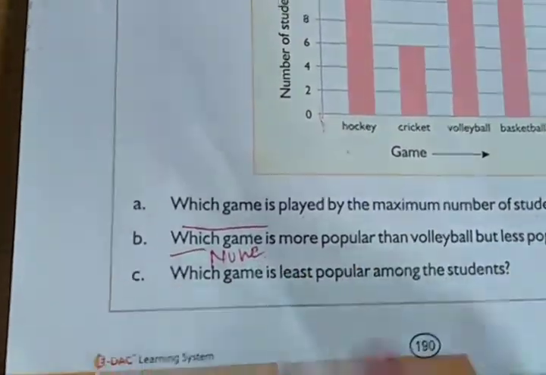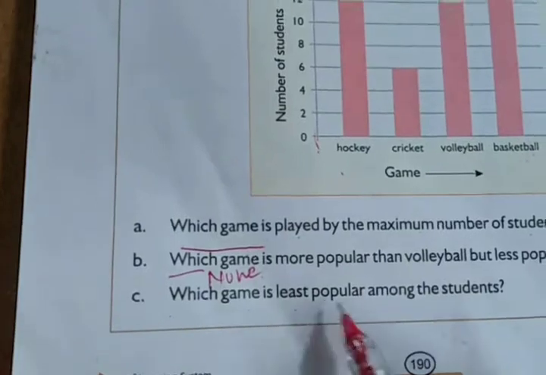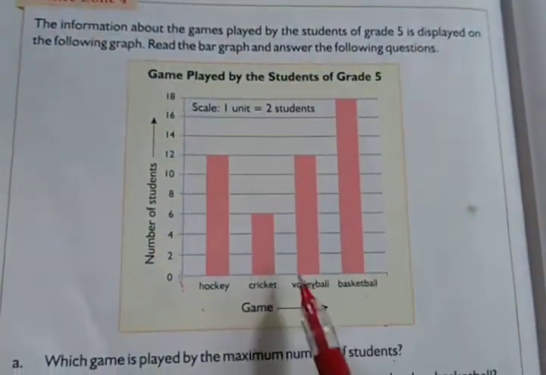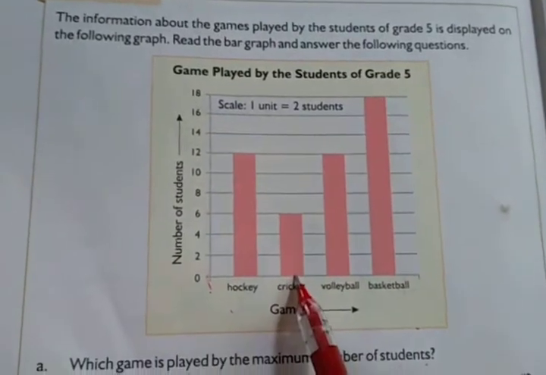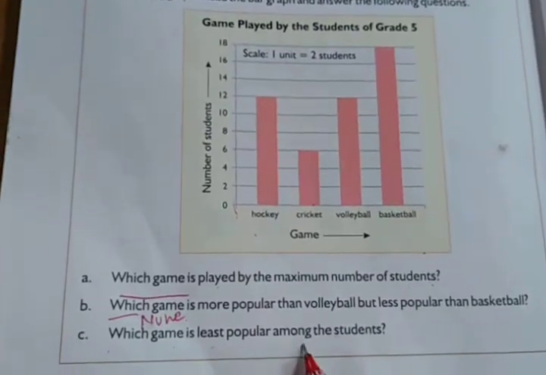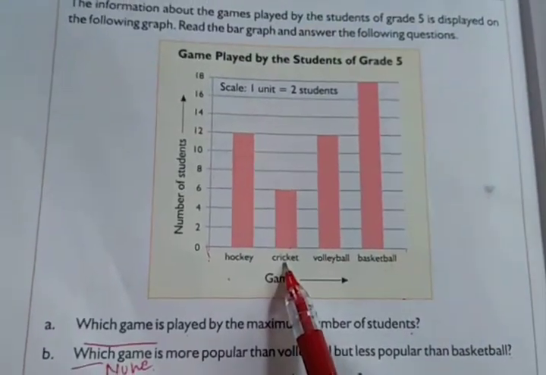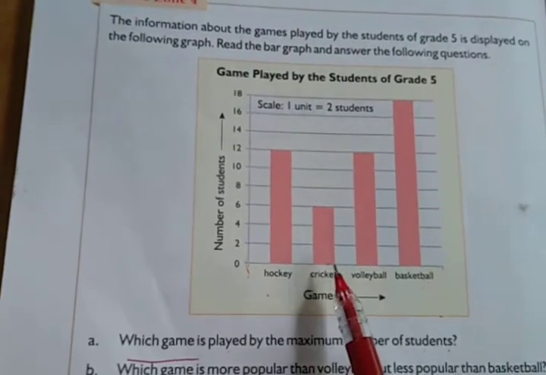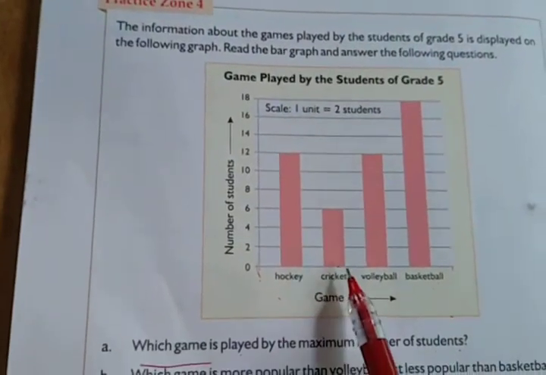Okay. So, which game is least popular among the students? Which is the smallest bar here? That is cricket.